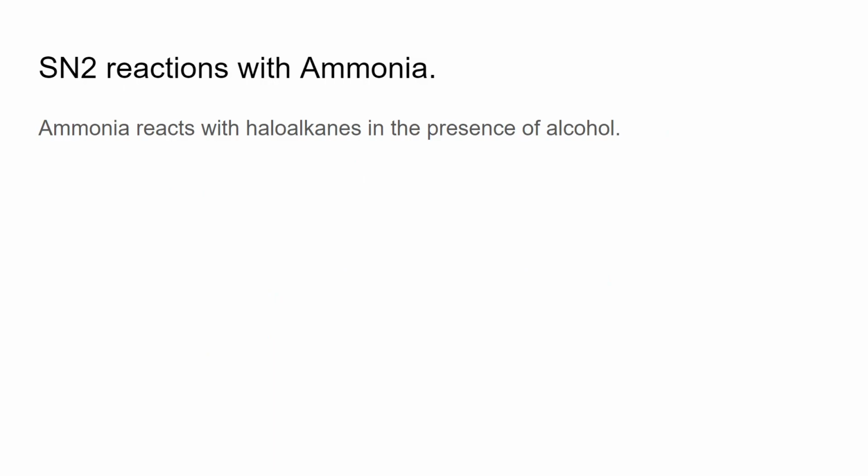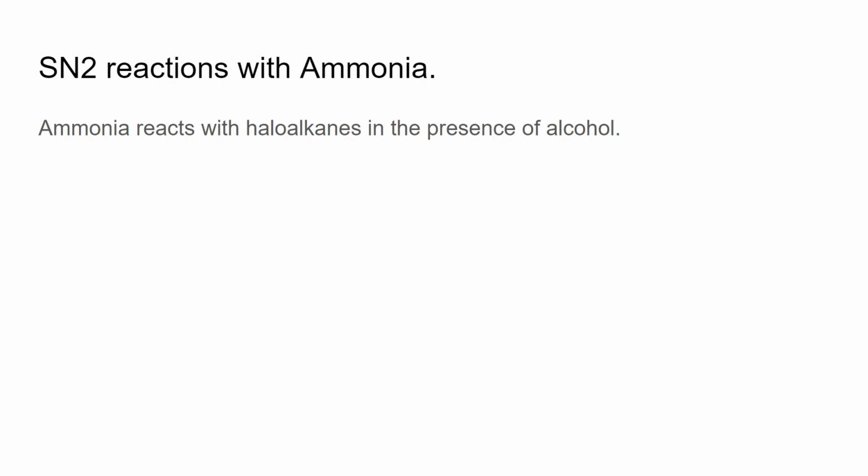The last type of reaction would be to add ammonia to it, and the ammonia would end up being added the same way. A reminder that the ammonia in and of itself has a lone pair of electrons, and those lone pair electrons are what bonds in and attaches via nucleophilic addition to our main carbon molecule.